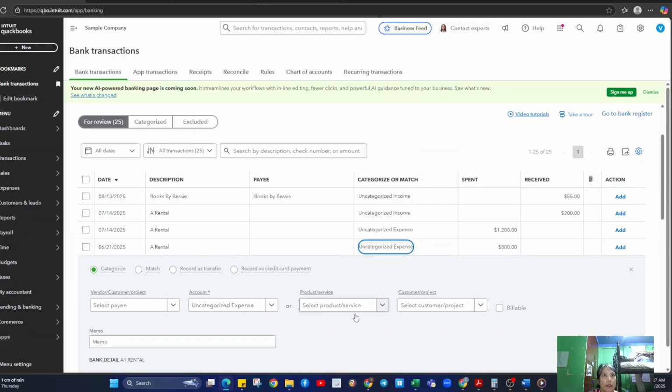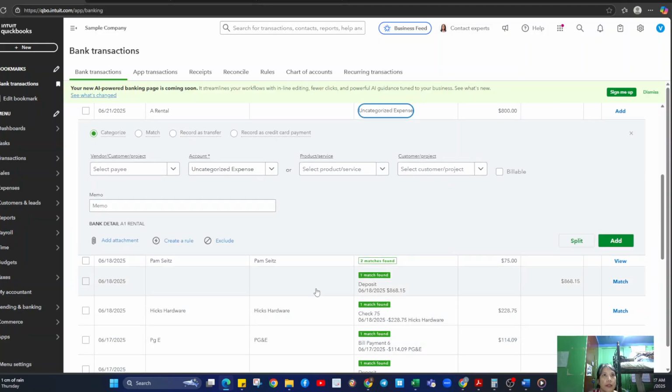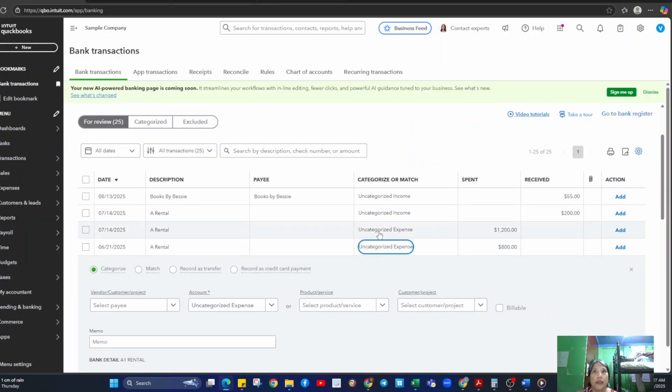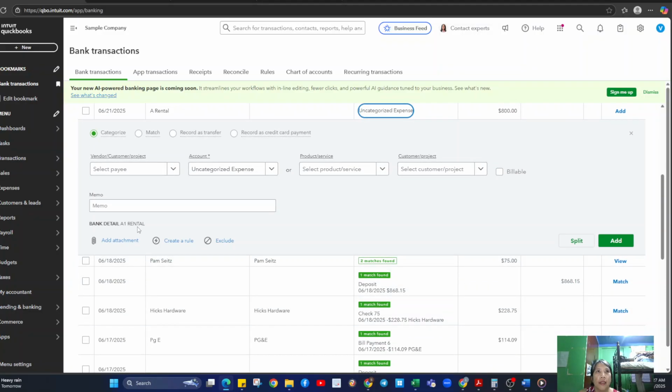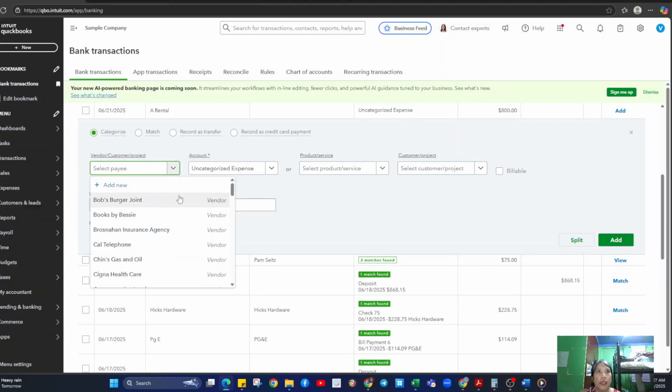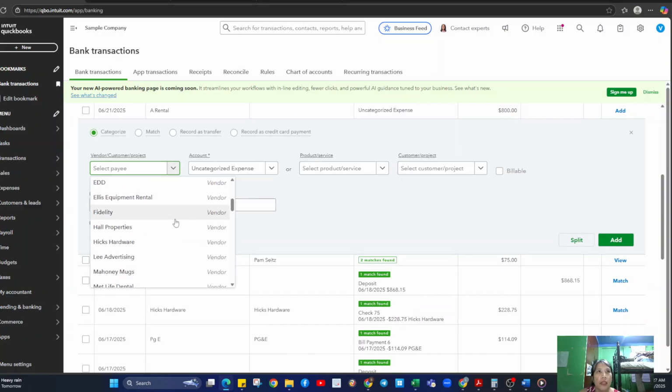Categorize expense. A1 rental, an expense. This is also an expense spent, so we're renting. So this one we have to look for the vendor.